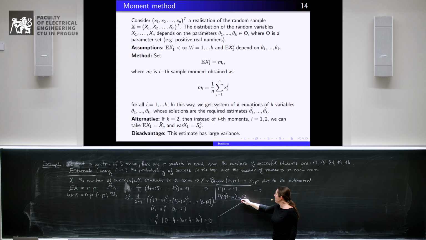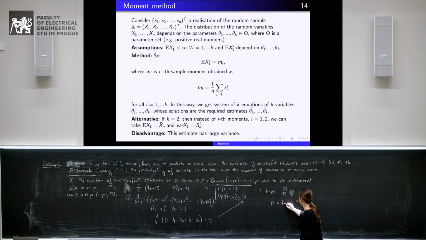So when we divide the second equation by the first equation, because we suppose that neither n nor p are equal to 0, we obtain that 1 minus p is equal to 10/17, which means that p is equal to 1 minus 10/17, which is 7/17.